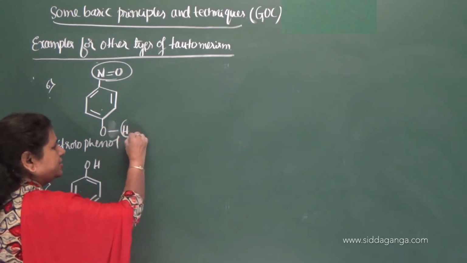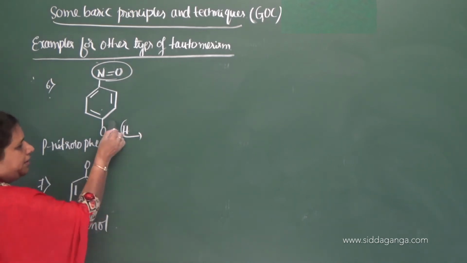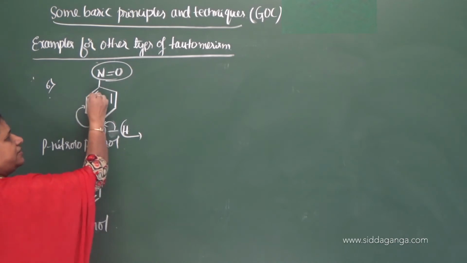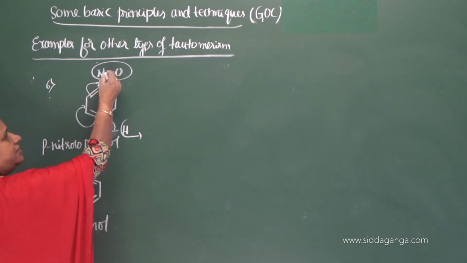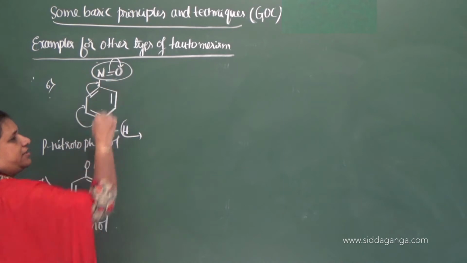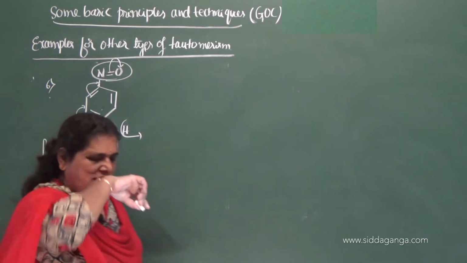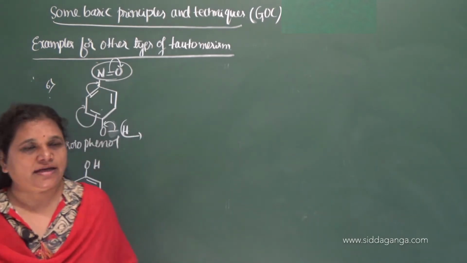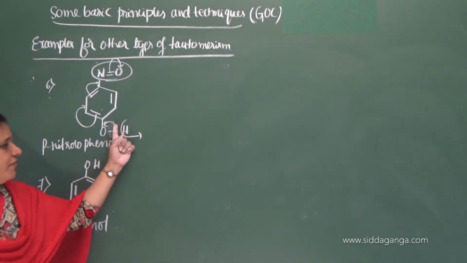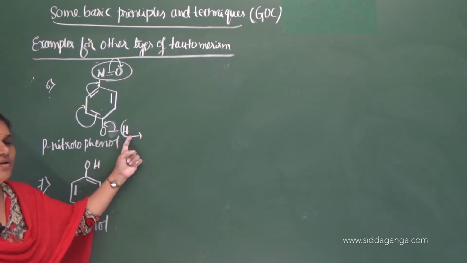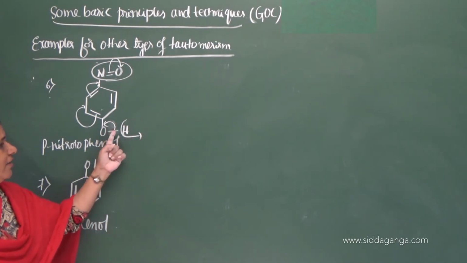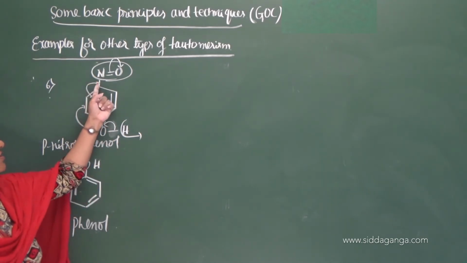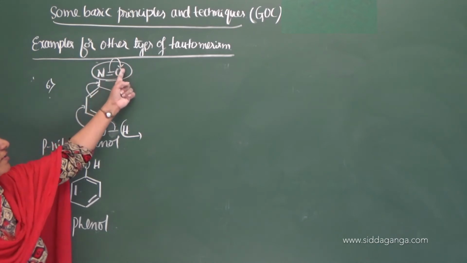See here, this eliminates and this bond shifts here. Simultaneously this shifts here and this bond shifts here. You know that it is nothing but a resonance, correct? You have studied resonance structures in chemical bonding. After the cleavage of this bond, this alpha hydrogen is also acidic, and therefore this shifts here and this bond shifts here and this migrates onto the oxygen.